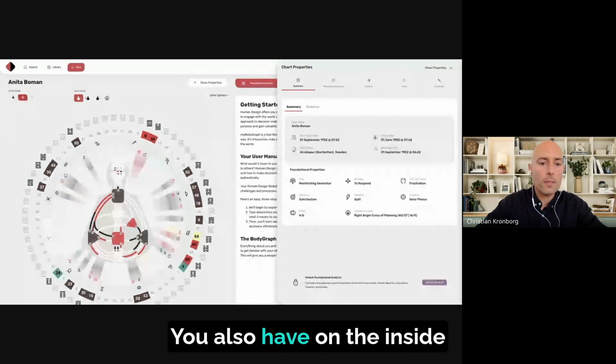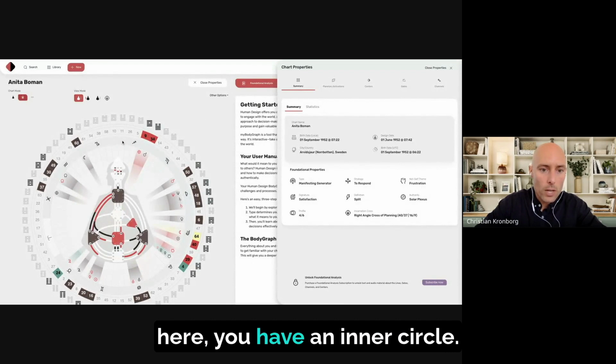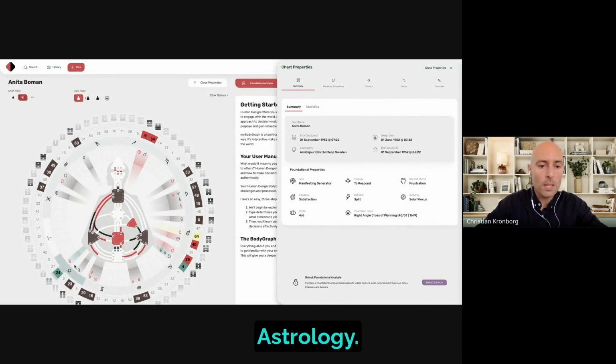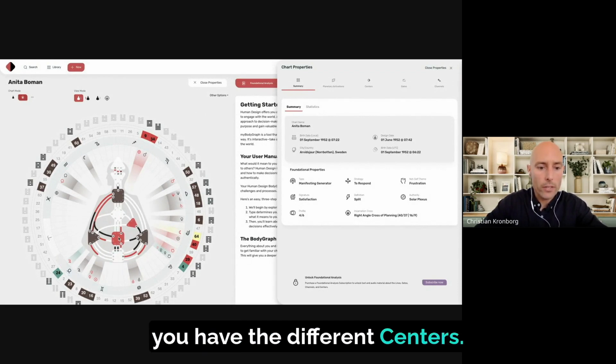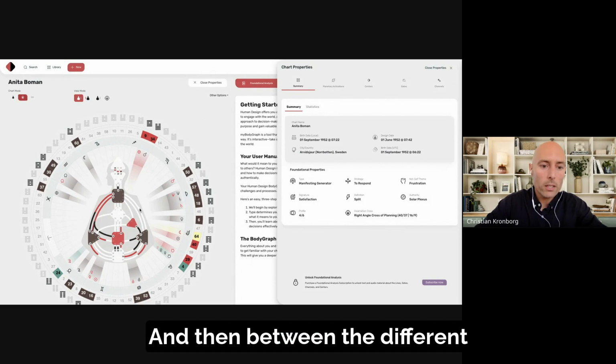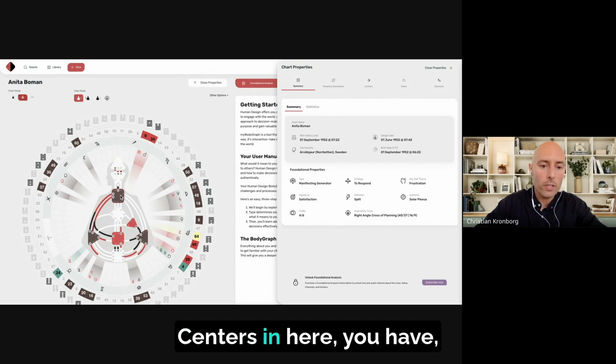You also have on the inside here an inner circle. That's Eastern and Western astrology. In your body graph here in the middle, you have the different centers, and you have 9 centers in human design. It comes from the Hindu chakra system. And then between the different centers in here, you have some channels.